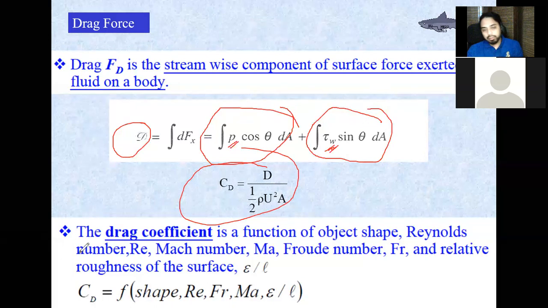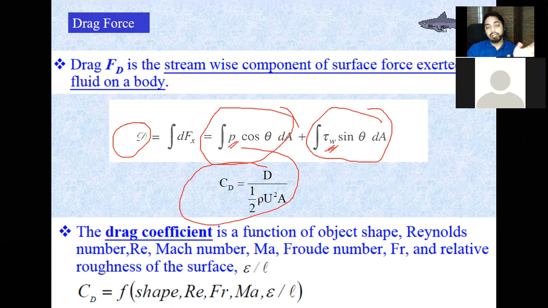So for example, the effect of Reynolds number, the effect of Mach number, Froude number, and relative roughness of the surface. The Reynolds number is the ratio of inertia and viscous forces. Mach number is the velocity divided by the velocity of sound.